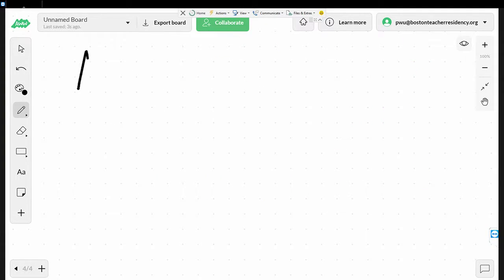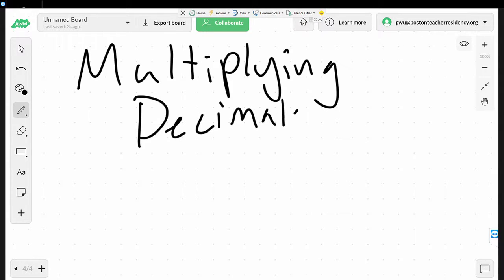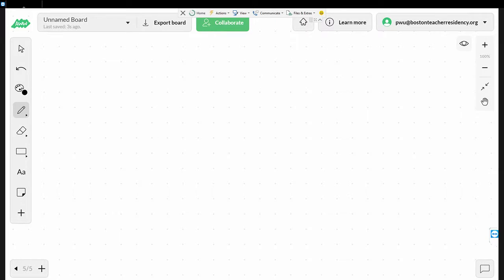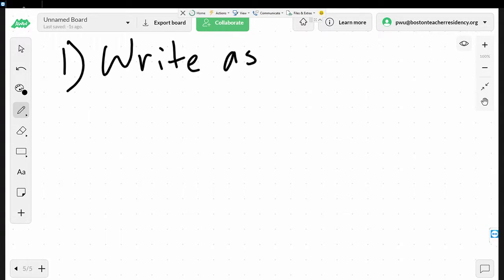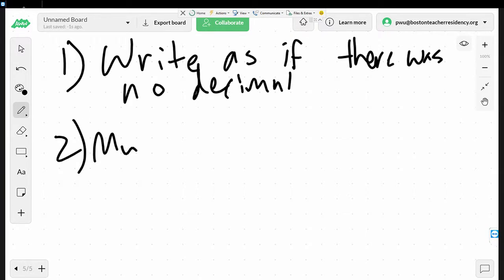All right, multiplying decimals. It's a little bit more complicated, but I'm going to break it down. So, step 1, write as if there was no decimal. Step 2, multiply.